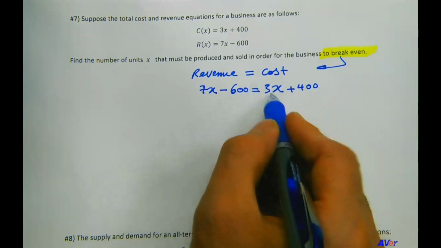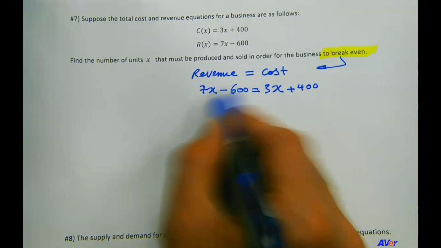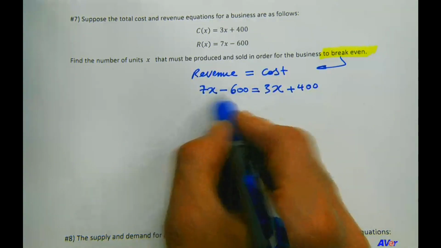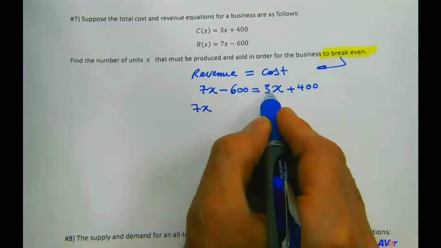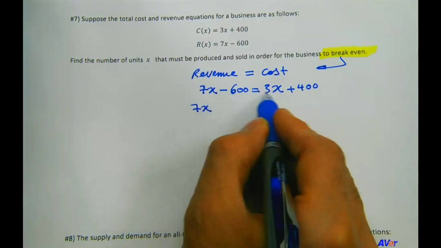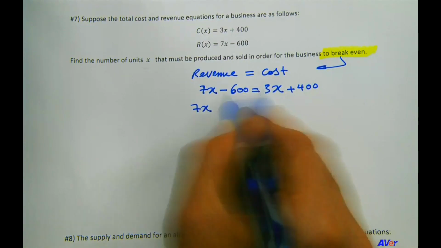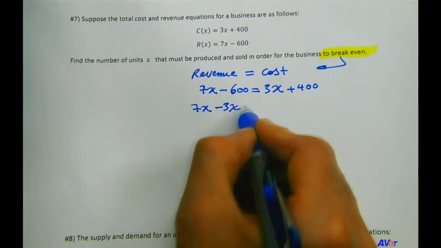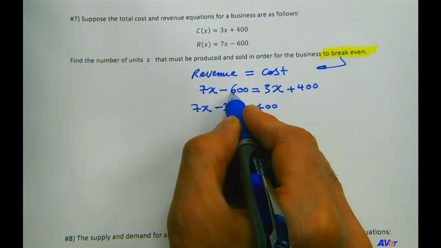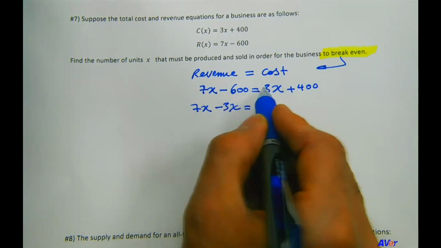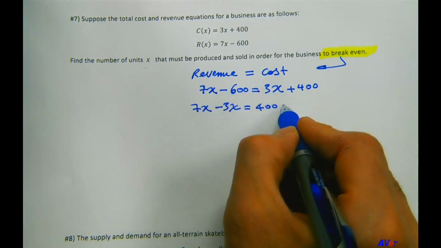Okay, so let's move. We're solving for x, so let's move all the x terms to one side and all the constants to the other. So 7x. Let's move the 3x to the left. When we do that, it changes from positive to negative. Let's move the negative 600 to the right. When we do that, it changes from negative to positive.